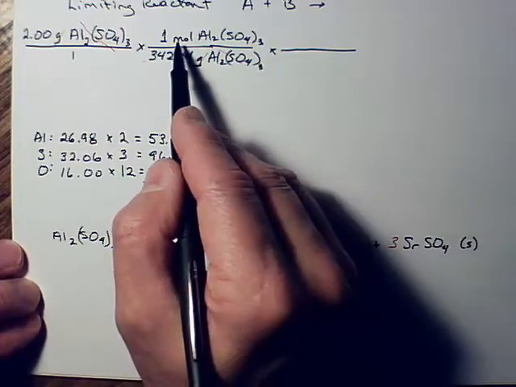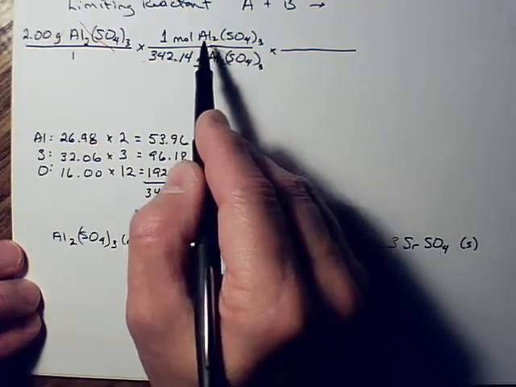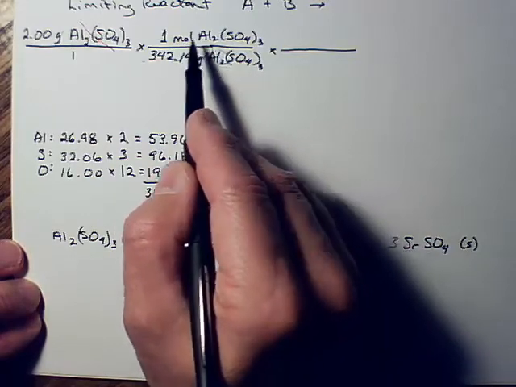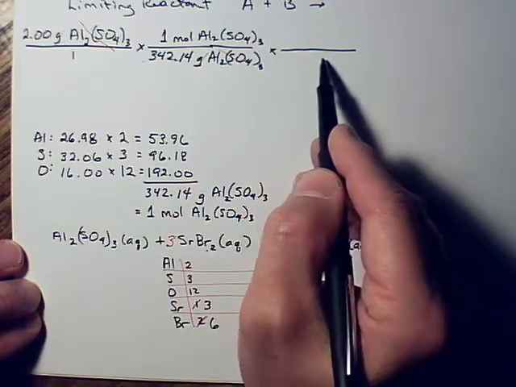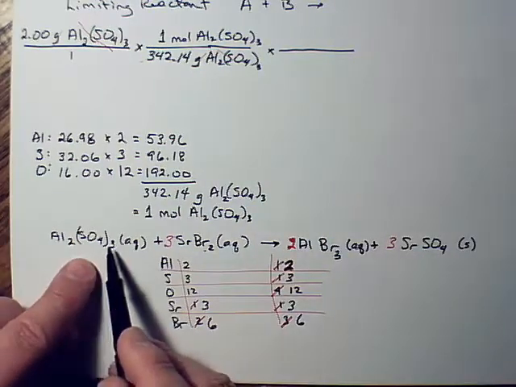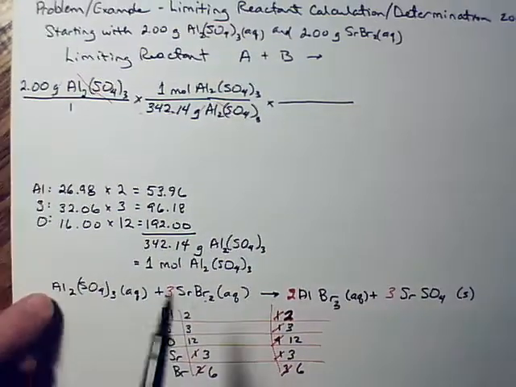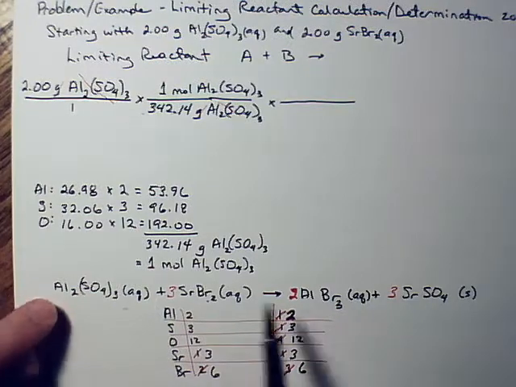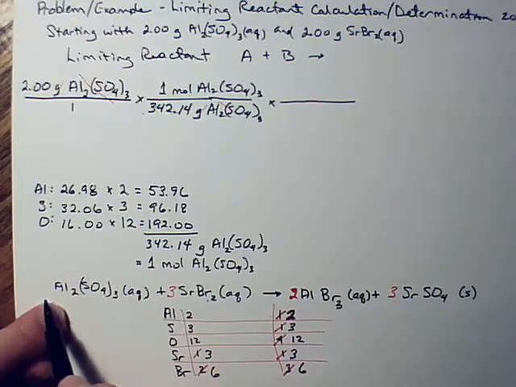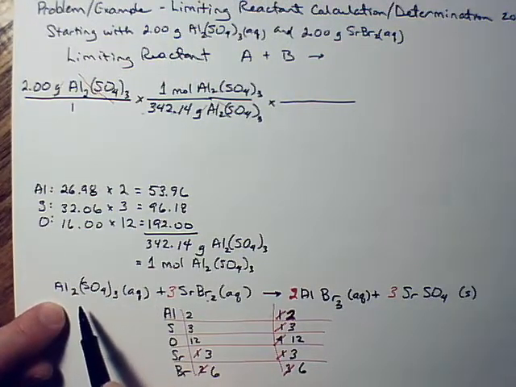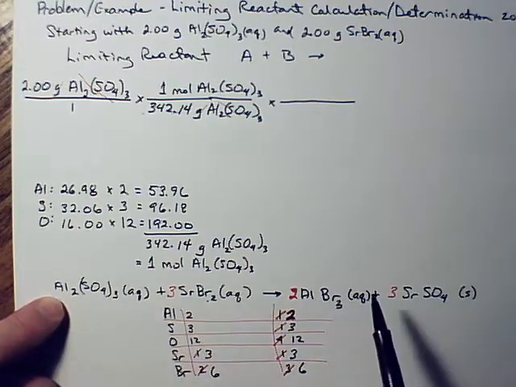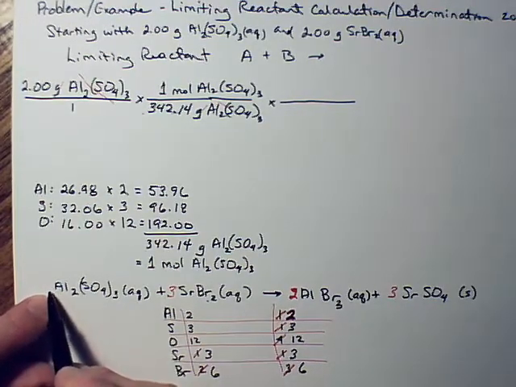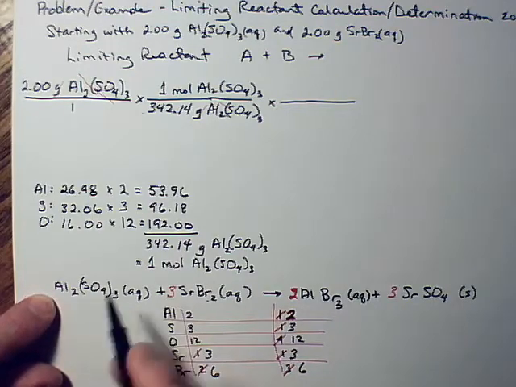I want to have the same units of species that I have right here in the top of this step. I want to have that same number of units of species down here, and I get those from the balanced equation. The coefficients in front of these species can be one of these formula units, or it can be a mole of those formula units. Any multiple of those still keeps the ratio right. So I have 1 aluminum sulfate.